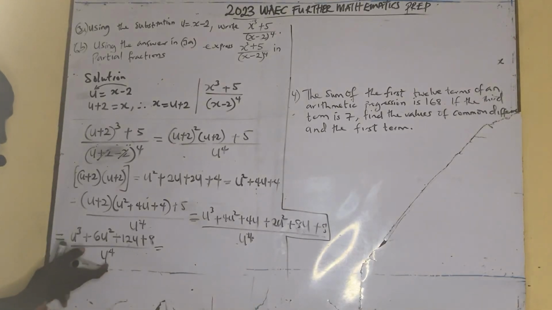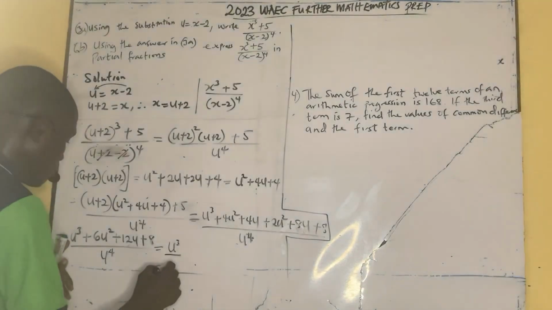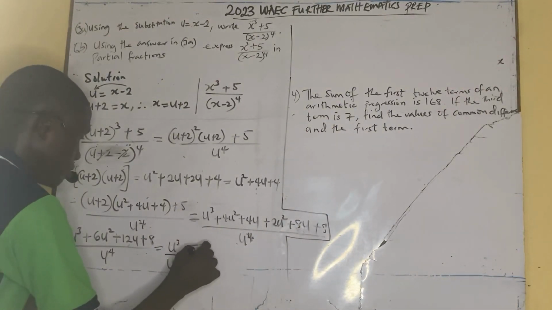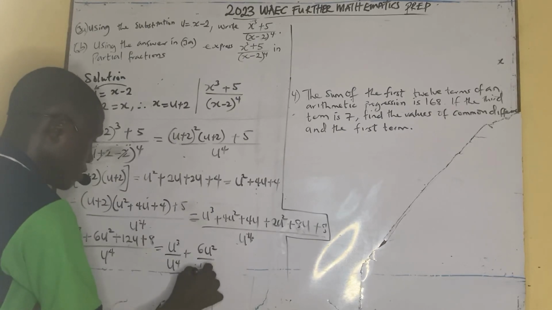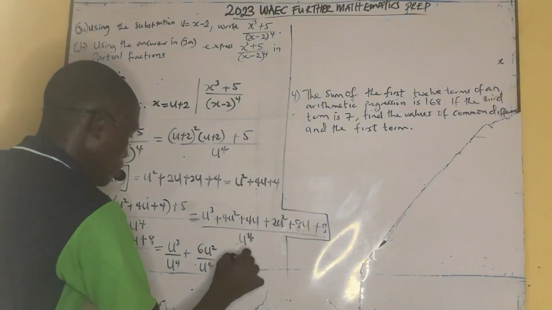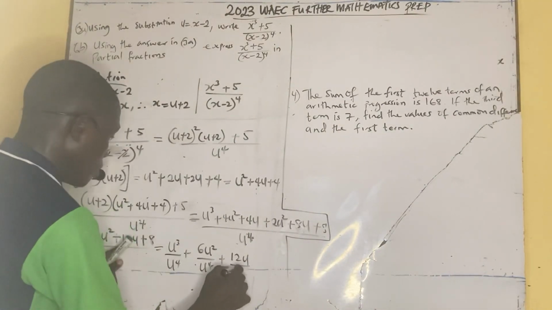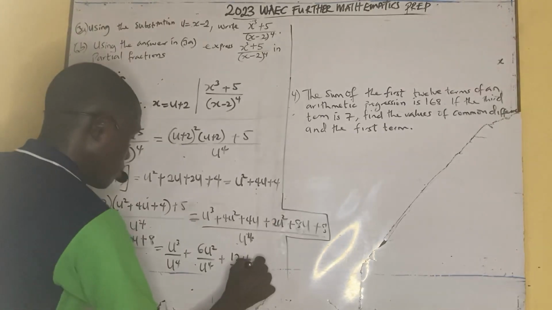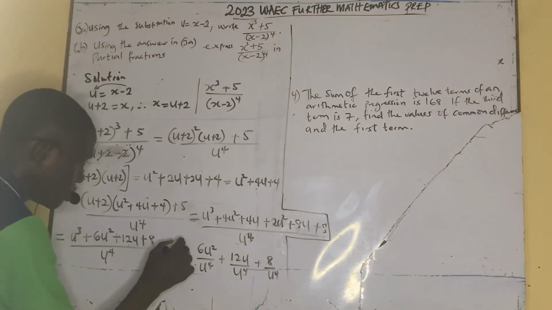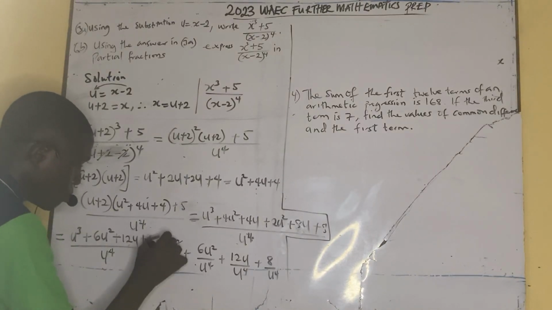Since they have the same denominator, you can say u cubed all over u raised to power 4, plus 6u squared all over u raised to power 4, plus 12u all over u raised to power 4, plus 8 all over u raised to power 4.